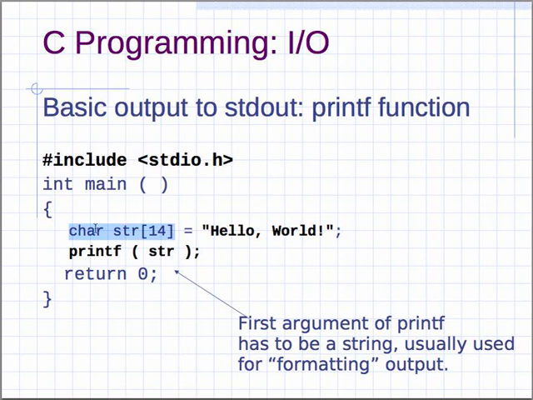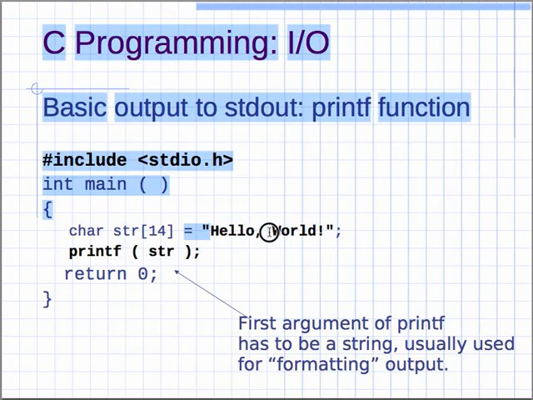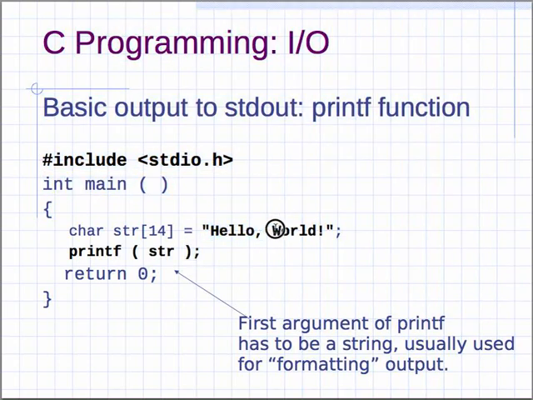Instead of saying char star, we say str is an array of 14 characters, and we initialize it with the value hello world, which needs 1, 2, 3, 4, 5, 6, 7 for the space, 8, 9, 10, 11, 12, 13, and then of course we need one more space for the null termination character. That's why this says 14.